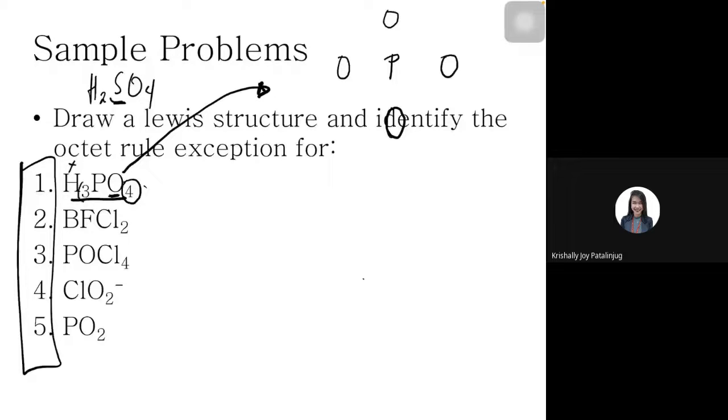Yung hydrogen na yan, siya talaga yung pinaka-external. Hindi siya directly attached sa central. Okay? That is applicable only kapag kay hydrogen, na meron siyang kasamang surrounding atom na highly electronegative, and it is total of 4 or more. Okay? So, yan yung magiging arrangement.